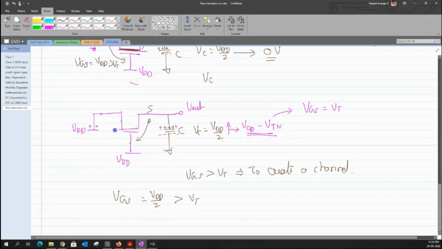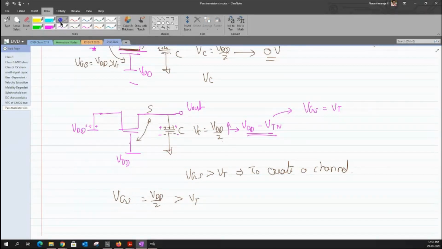Under this open circuit condition, can the positive charges from the drain terminal move towards my source?